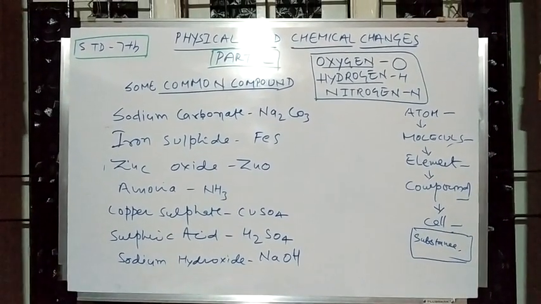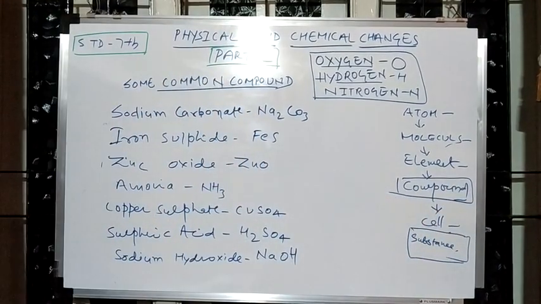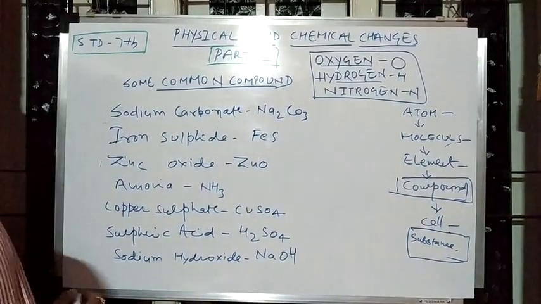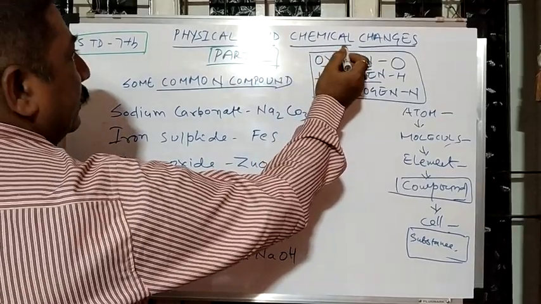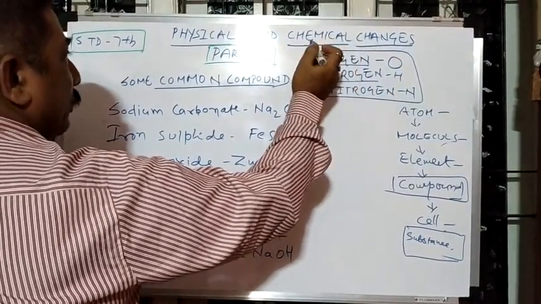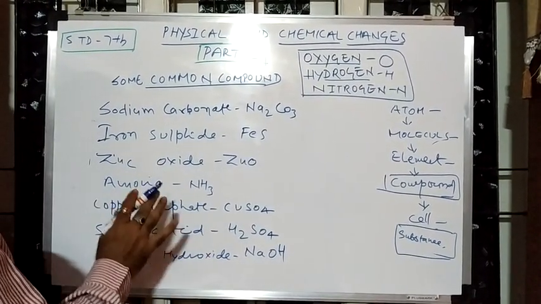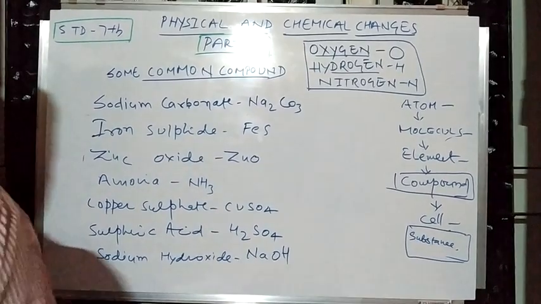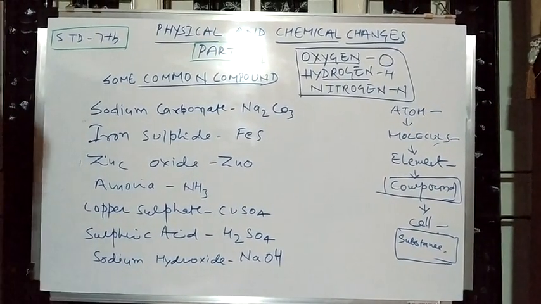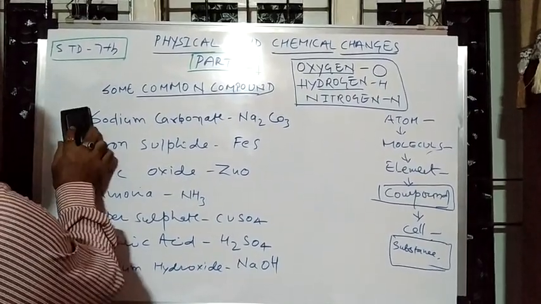Again and again I am going to repeat, these are the compounds which are very useful in chemical reactions, because now we are going to read chemical changes, and chemical changes happen because of chemical reactions. In chemical reactions, these compounds are very useful, so you need to go through the same. Hope you all have written. Now I am going to rub it.